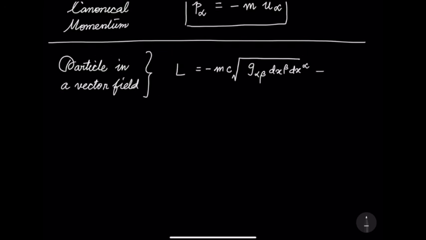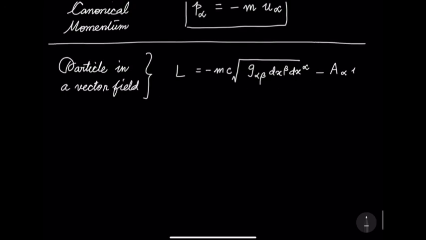The vector field has a corresponding dual, say, A alpha. Then the question is, how do I write the effect of the vector field? Well, this particular vector field, say, comes with a u alpha here.